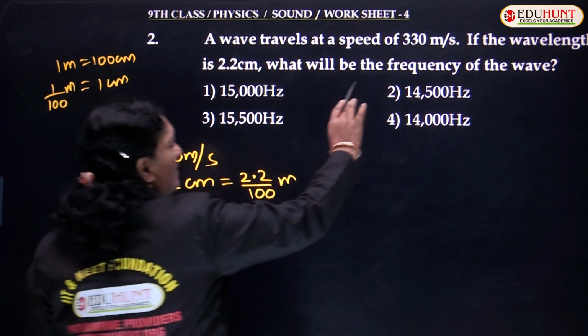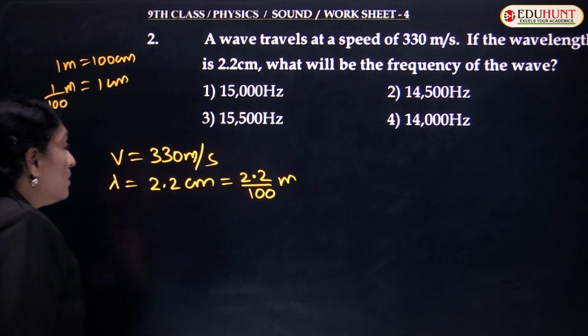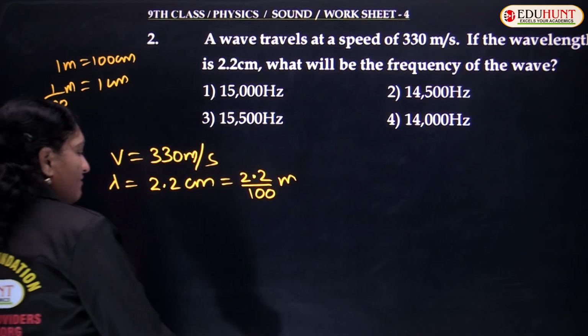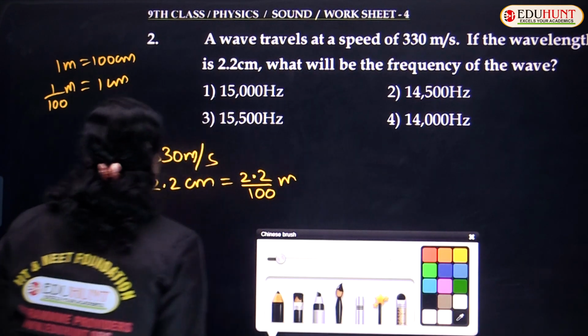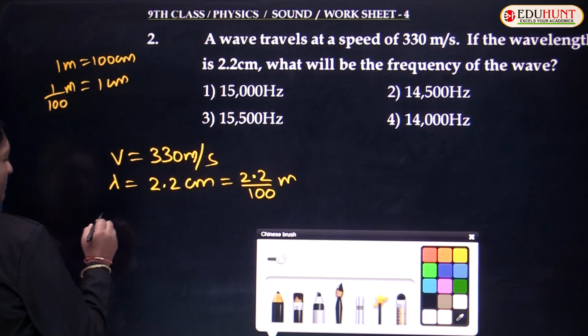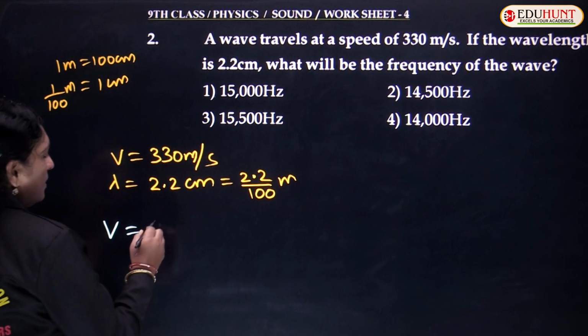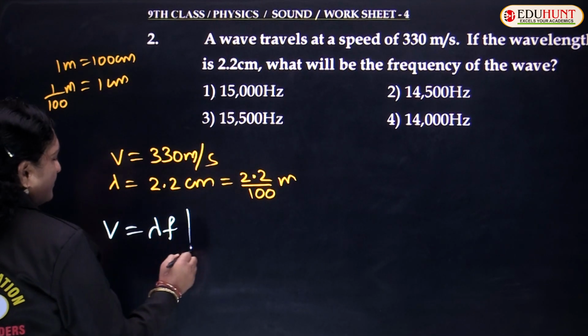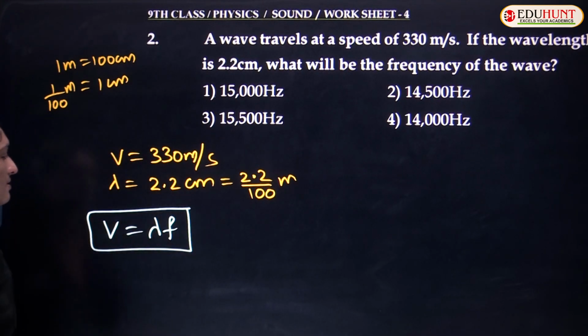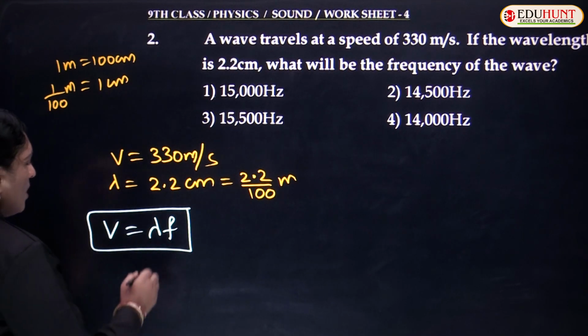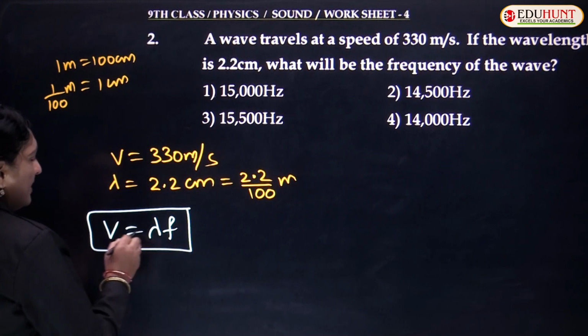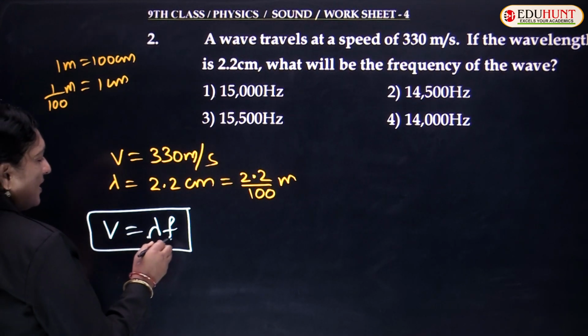You are asked to find out the frequency. So children, what is the relation between wave velocity, frequency and wavelength? We already discussed it in the previous numerical, that is V is equal to lambda F. So what is the formula? V is given, lambda is given. So what do you want to find out? Frequency.